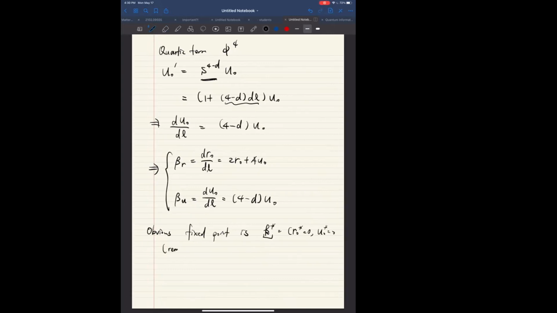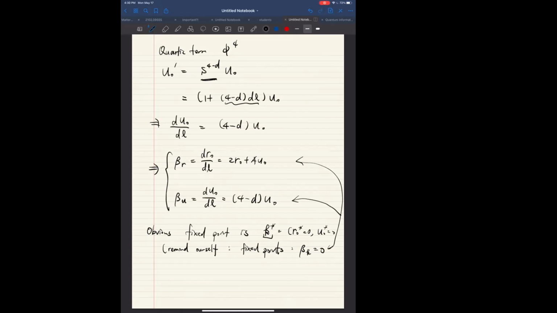Remind ourselves, at a fixed point, beta K equals 0. If you put this 0, it must be a fixed point. So this is an obvious fixed point, which is the Gaussian fixed point as we discussed before.